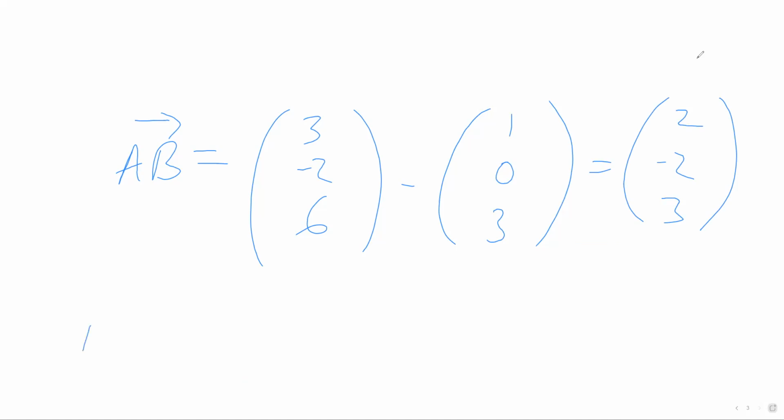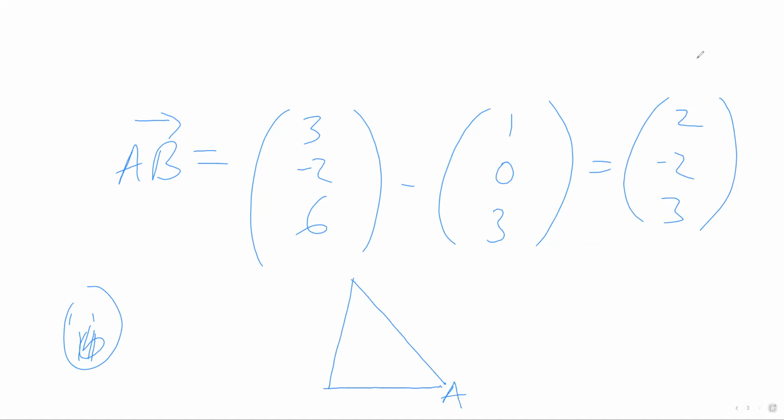The second question says that we find the position vector C, which is the midpoint of AB. If we do the rough sketch, we have something that looks like this.